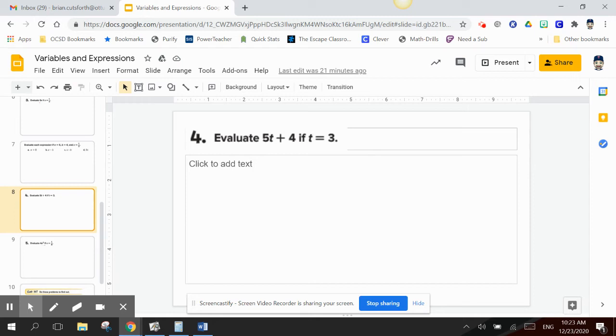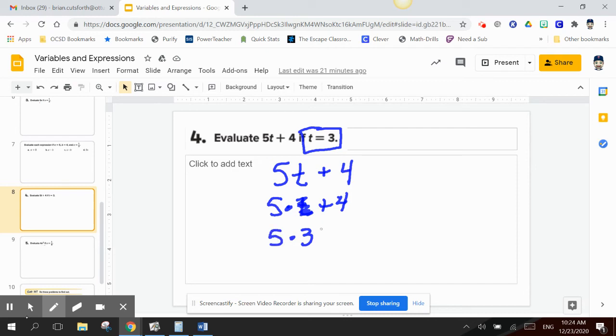So here's a multi-step expression. Here I have to evaluate or solve for 5t + 4. So 5t + 4 is the same as 5 times t plus 4. So t equals 3. So I take out my variable t and I put in 3 and then rewrite my expression.